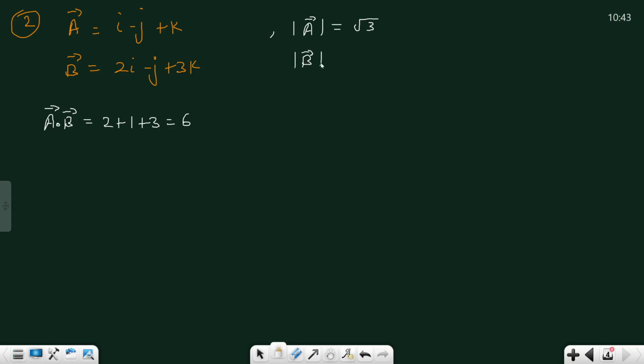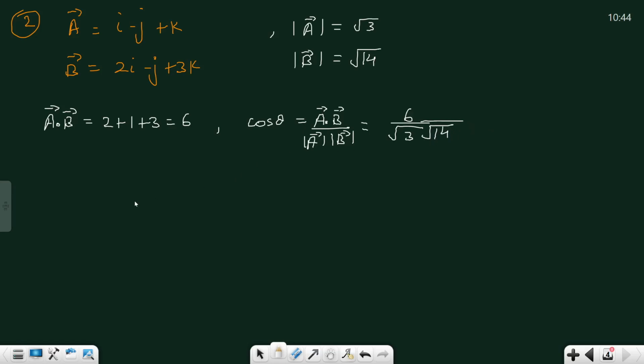Magnitude of B is root 14. Clear? And what will be the cos theta? A dot B divided by magnitude of A and magnitude of B. So A dot B is 6, and root 3, root 14. You can simplify, but that is not required. So cos theta is 6 by root 3 root 14.